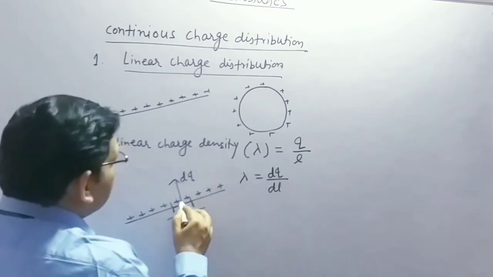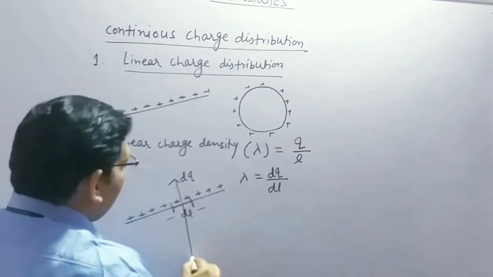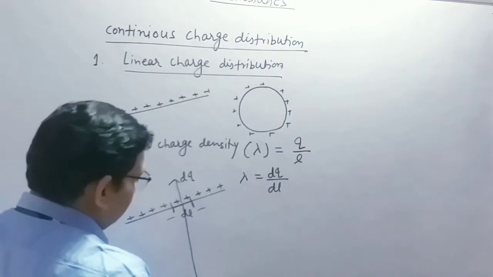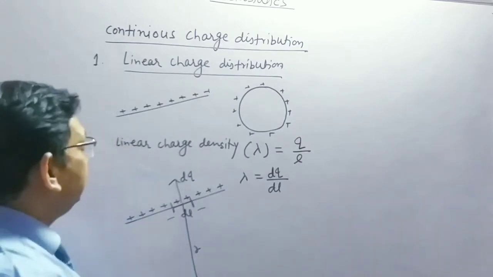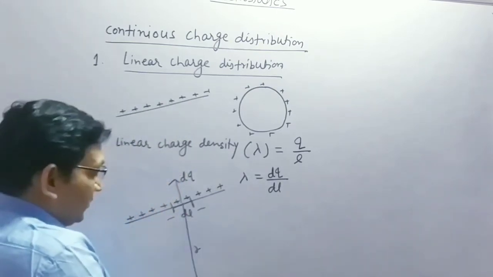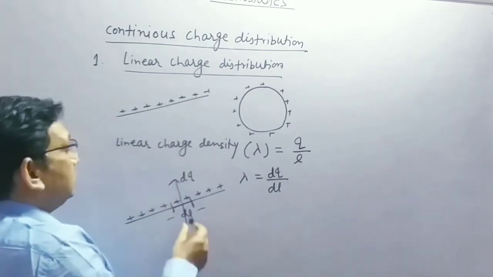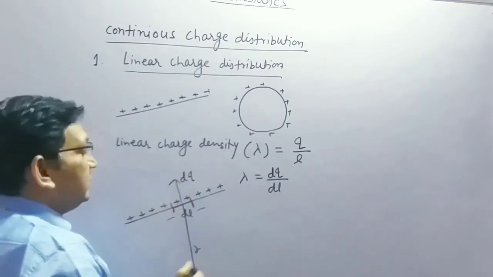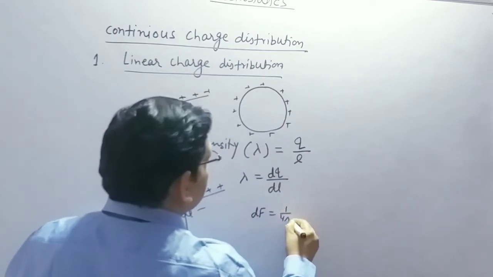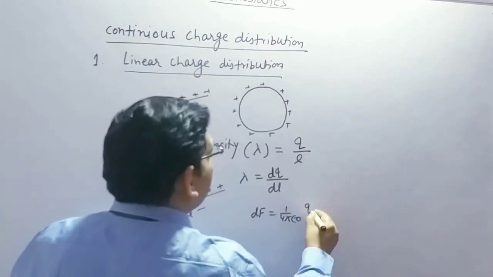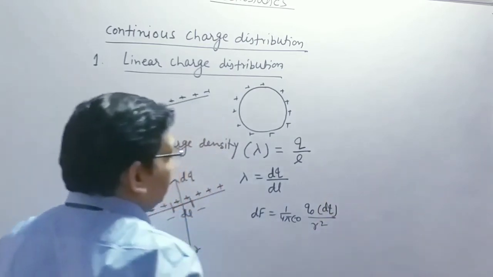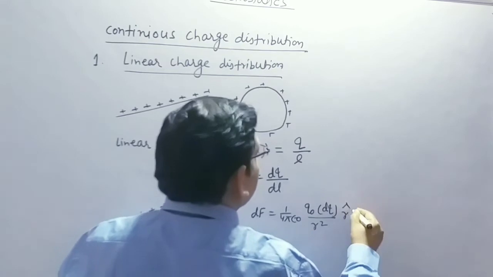Suppose you have a charge Q naught at O at a distance r. So the force experienced by charge Q naught due to the small charge dq is given by 1 by 4 pi epsilon Q naught dq by r square, and the direction of force is along vector r.